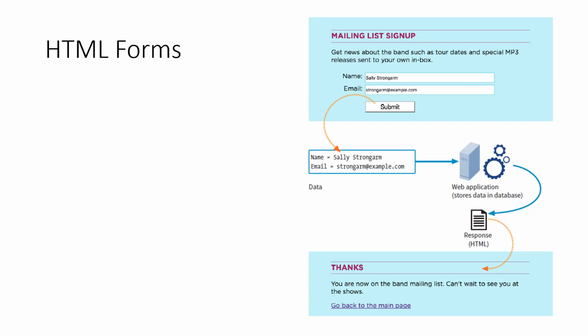The web application should accept the information and process it. In this case, it will accept the name and the email, and then return a response. For example, we get a very simple message saying thanks, and now you are on the mailing list. And that is the whole process.